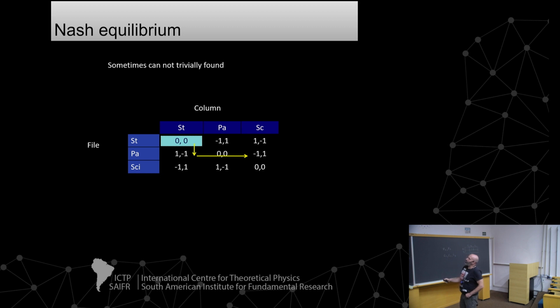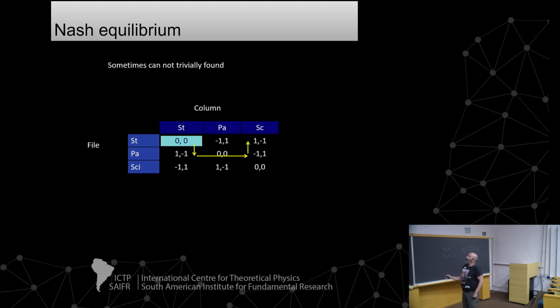So once the player at the file realizes that the player at the column is playing scissors, will change the strategy and will choose to play stone, because now stone is stronger than scissors and the payoffs will be reversed. So now it is the player at the file that is winning 1 and the player at the column that is losing 1.